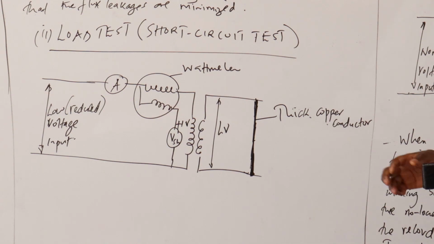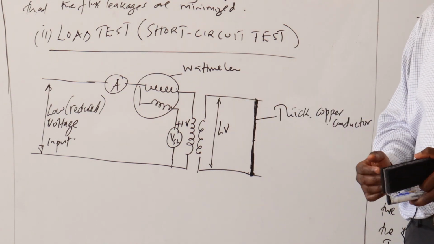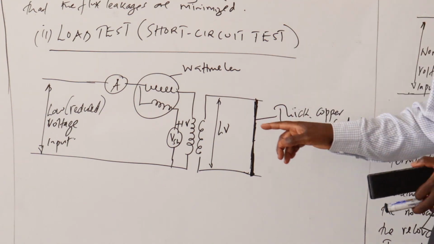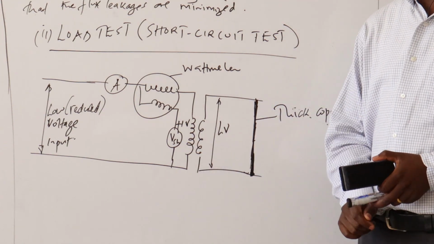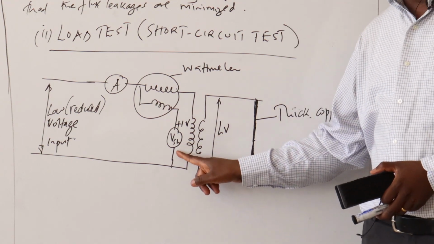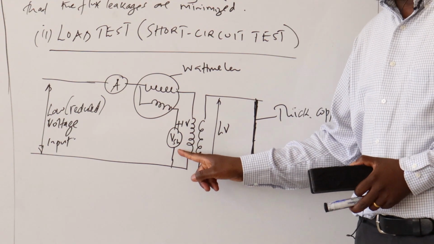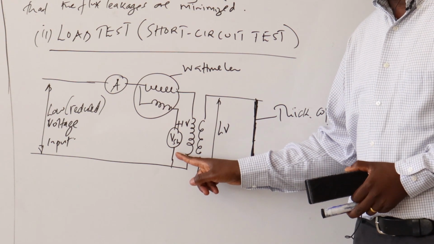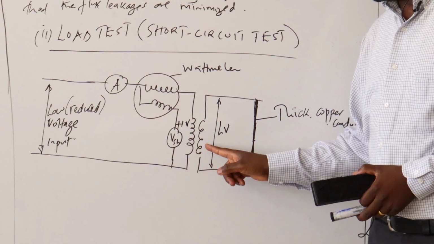So at the input, normally a reduced voltage is applied, and the voltage is increased until you record a short circuit voltage across the primary terminals. At that time the voltage here will be maximum and here the voltage will be minimum.